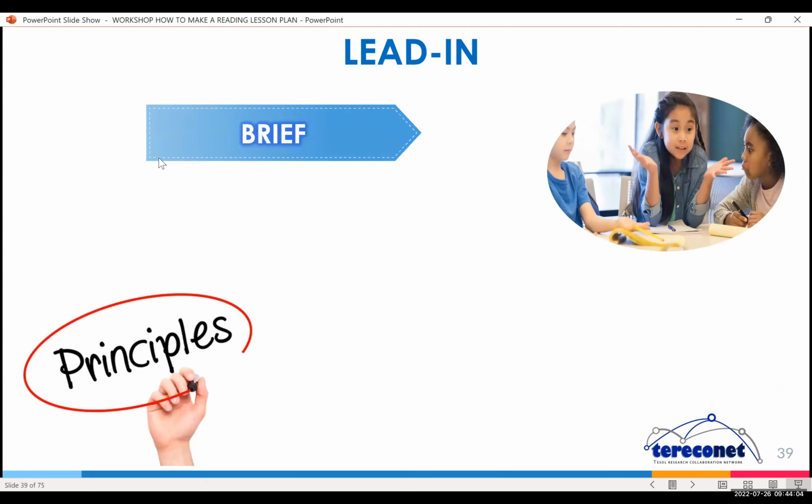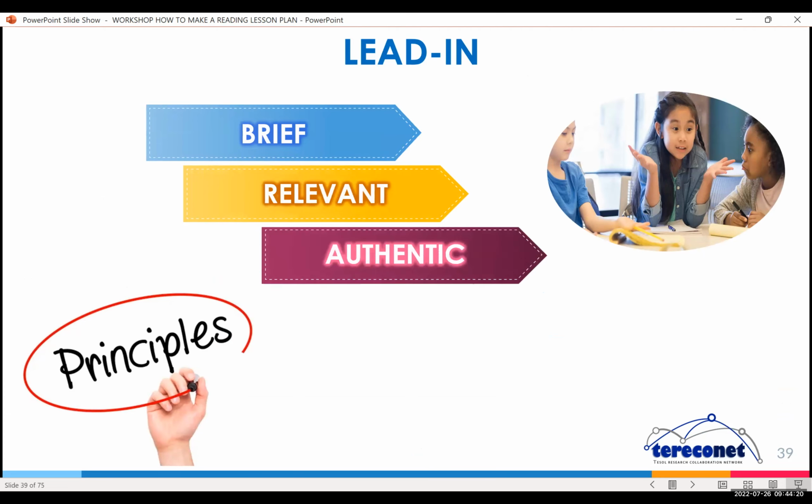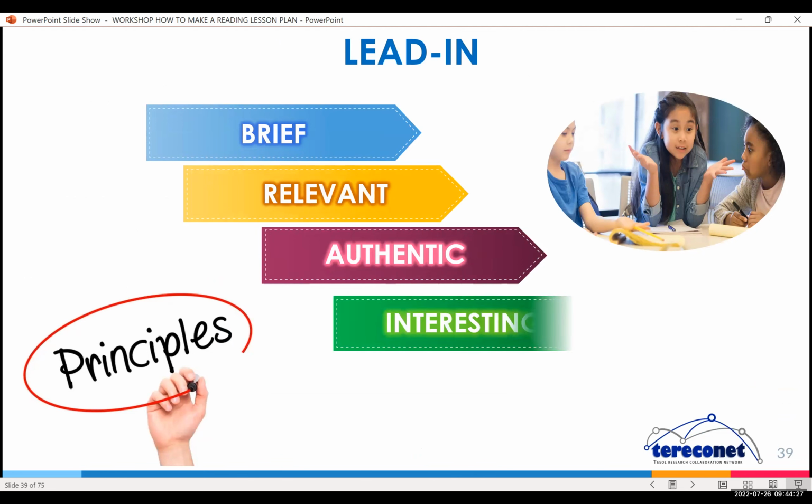There are some principles that we should pay attention to in lead-in activities. Lead-in is to arouse interest, so it should be brief. It should be relevant to the topic, the theme, and the strategy the students have to study that day. It should be authentic to the students so that they have the interest to participate.